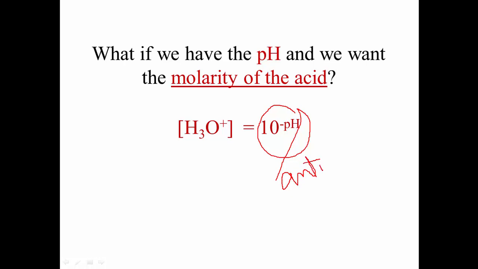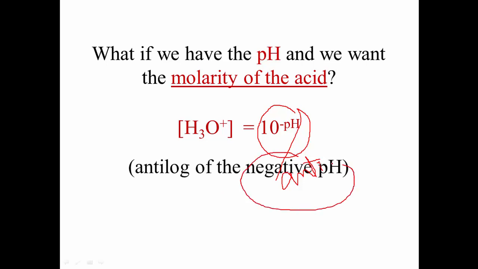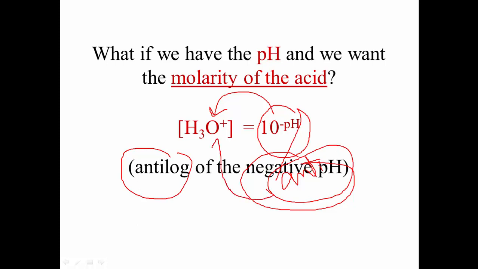The anti-log on your calculator is the second function key and then the log key. So let's look. The anti-log of the negative pH is going to give you the hydronium. So remember, the negative log of the hydronium gave you the pH. The anti-log of the negative pH is going to give you the concentration.